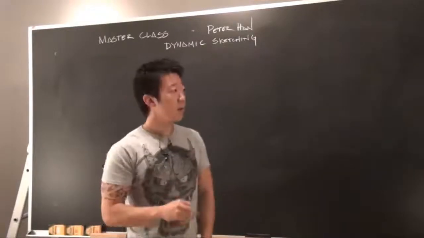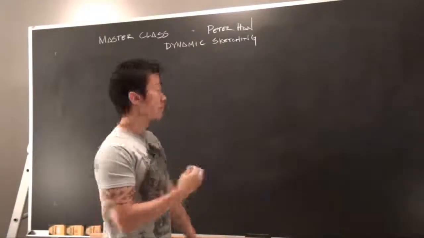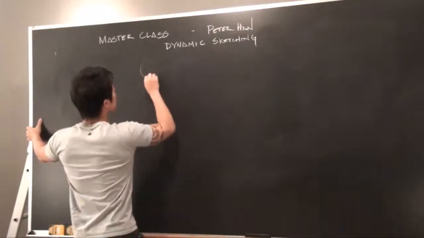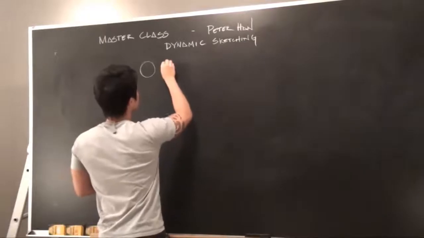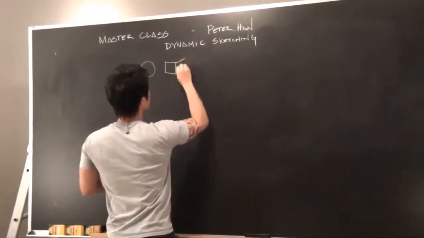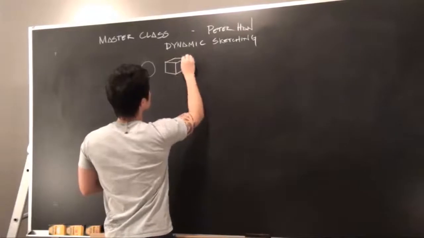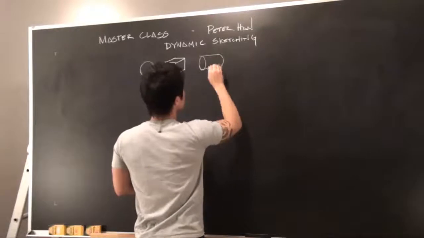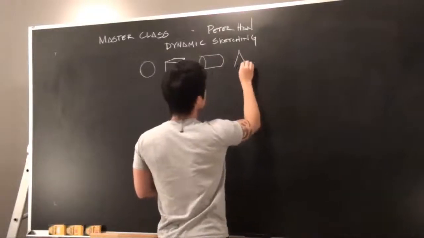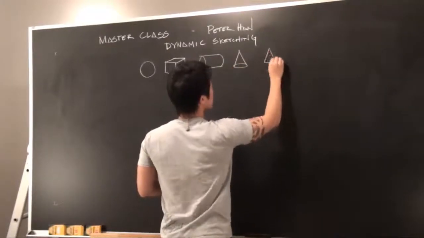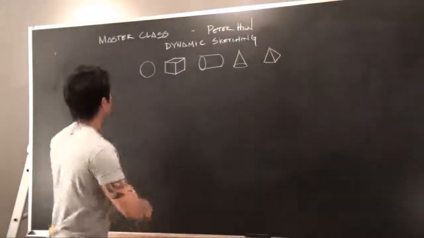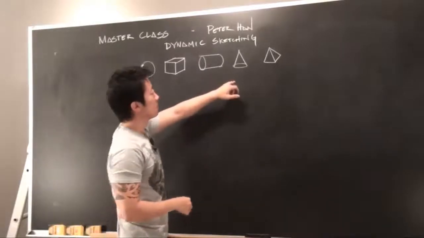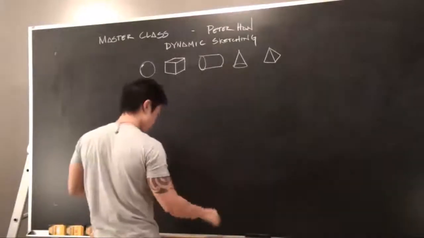For today, I want to show you guys more things with shapes. So going back to the initial 5 forms, the circle, the cube, cylinder, cone, and pyramid.